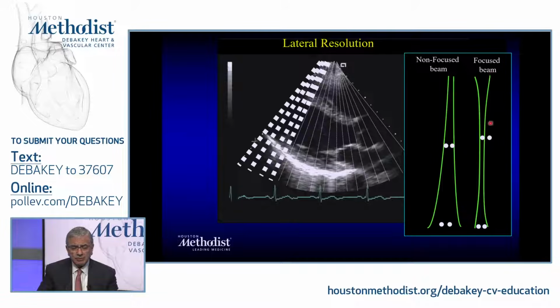Yes, you can focus the beam a bit, so you can differentiate 2 points, as opposed to here, for example, in the same beam, you're not going to be able to differentiate that these are actually 2 different points. So these are important things for you to keep in mind.